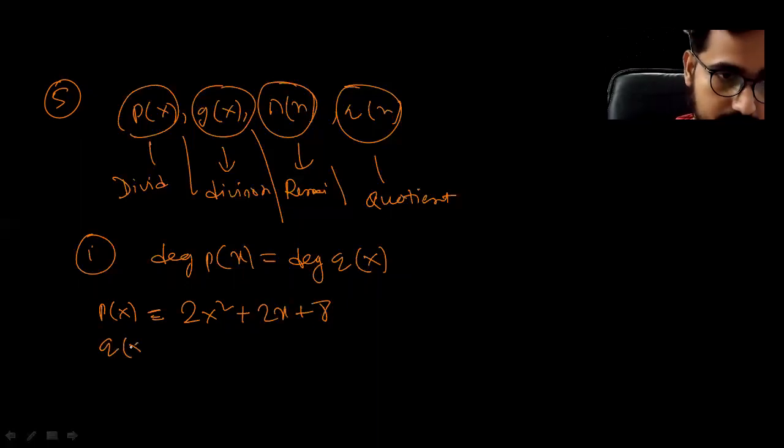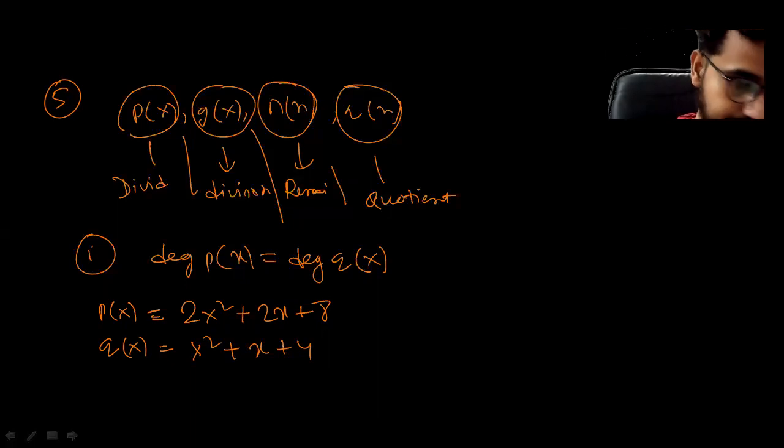And q(x), you have to take a polynomial whose degree must be 2. So it will be x square plus x plus 4. Okay, then when you divide this p(x) by q(x), the division part is homework.